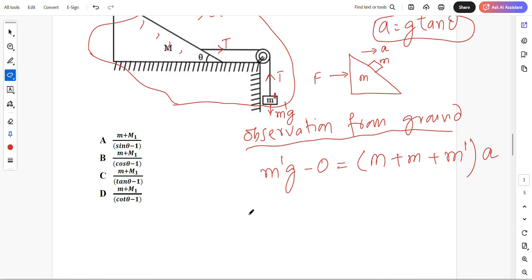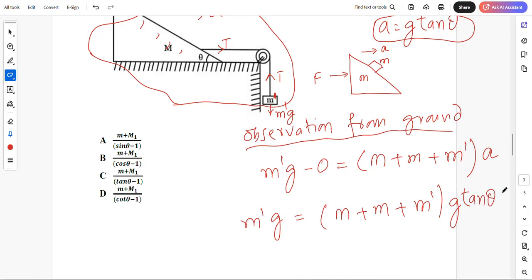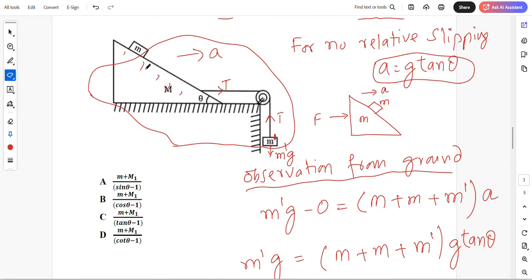That is, M dash g is equal to (M plus small m plus M dash) into a. How much is a? g tan theta. This system is moving without making this block m slip, therefore a is equal to g tan theta.